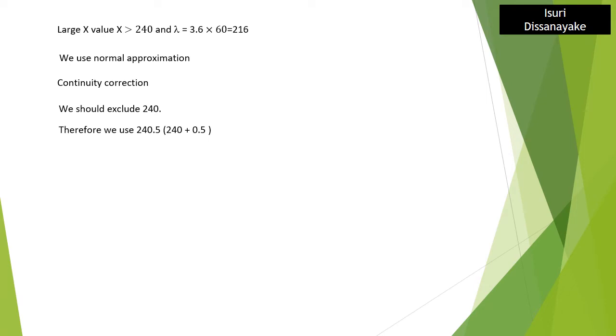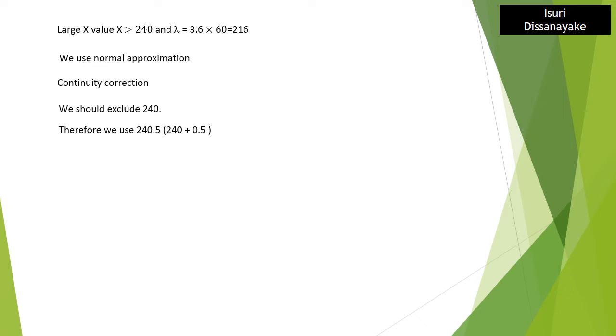So they say here X is greater than 240. You have to find the probability of X greater than 240. And you can clearly see the value 240 is excluded. So we don't need 240. We need a value which is more than 240. According to continuity correction, we are going to add 0.5 because we're not going to take 240.